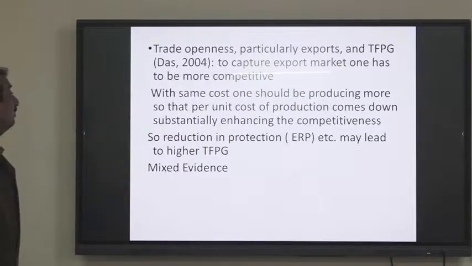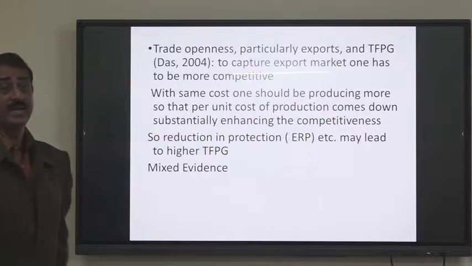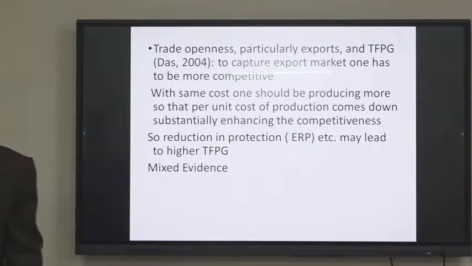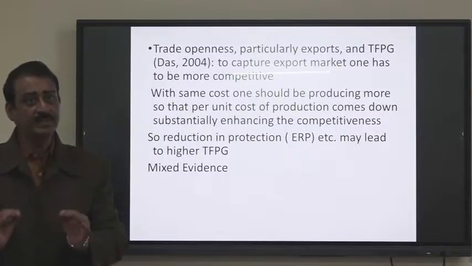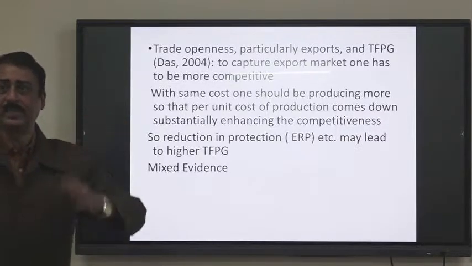Then another most important point is trade openness. If you pursue greater trade association with other countries, then you will be in a position to experience higher productivity. Because suppose you are exporting. You manufacture a particular good, you sell it to another country.